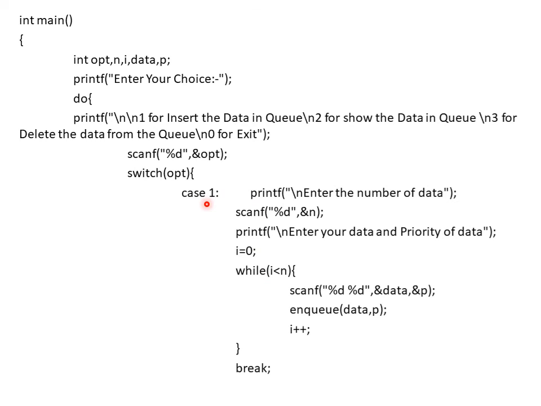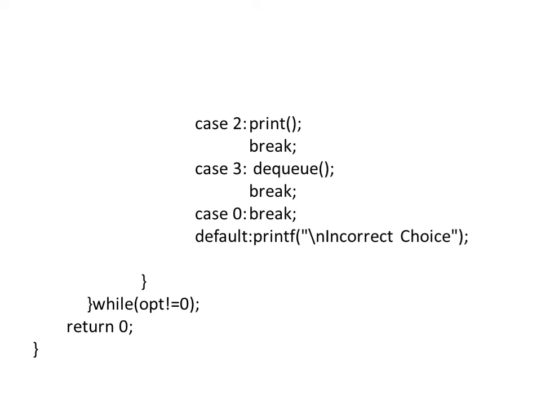I am taking the cases. Here you can see for case 1 I am going to insert an element into the queue, that is nq, and second one I am printing the elements, that means whatever is there I want to see, therefore I am printing the elements.